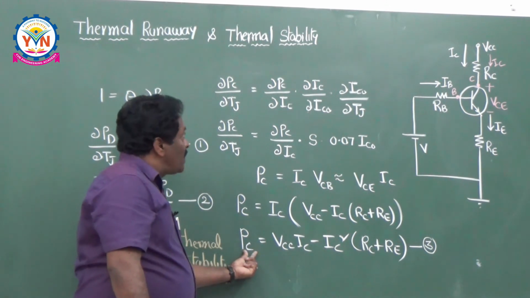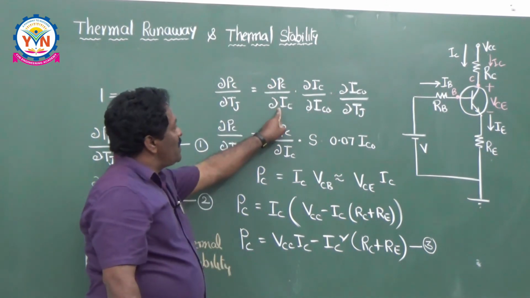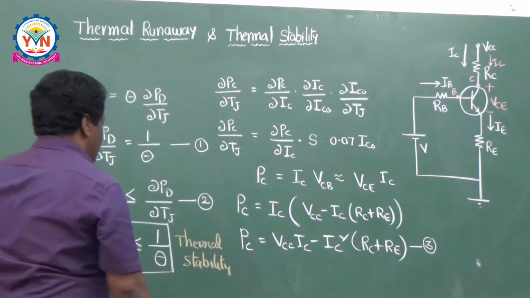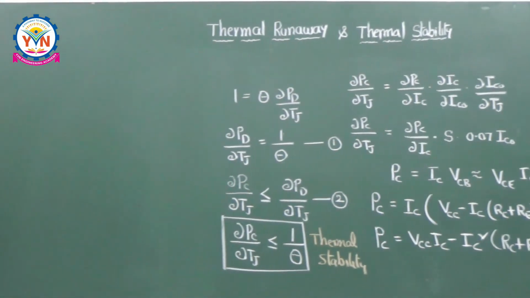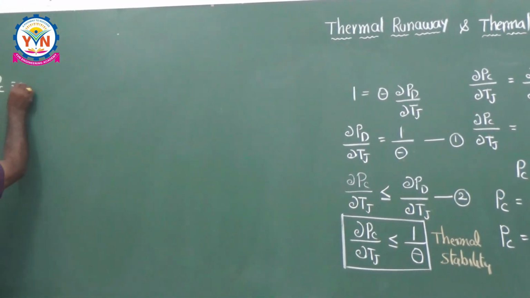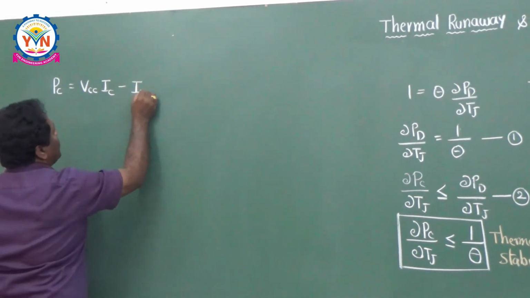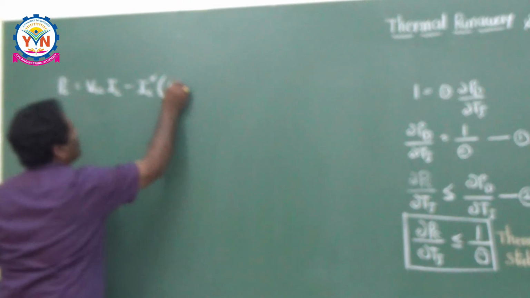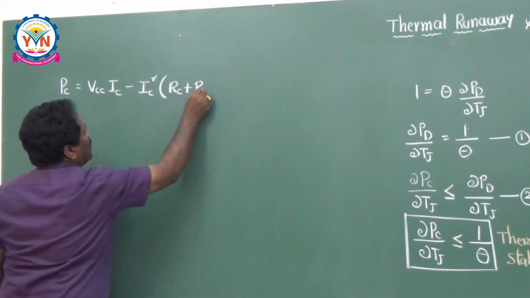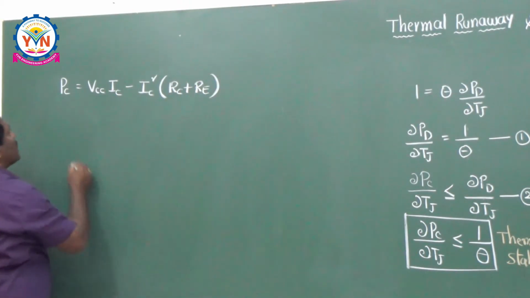Now we are going to calculate dou PC by dou IC by taking this equation. So PC is equal to VCC into IC minus IC square into (RC plus RE). Now differentiate with respect to the collector current.